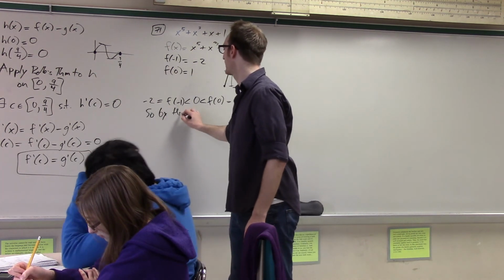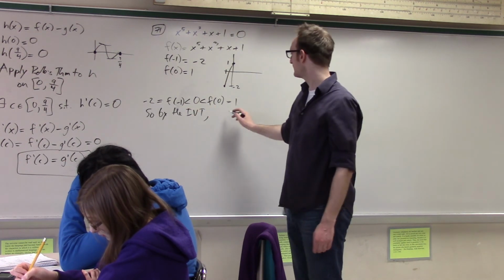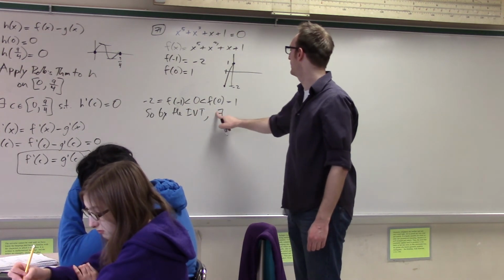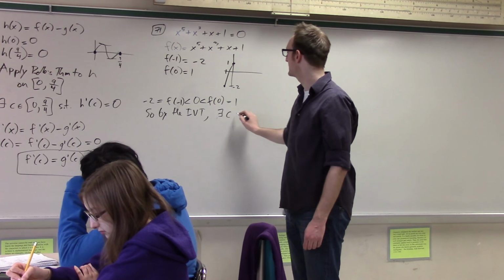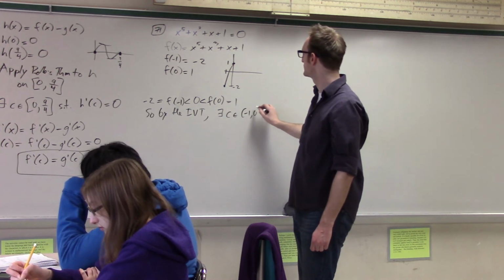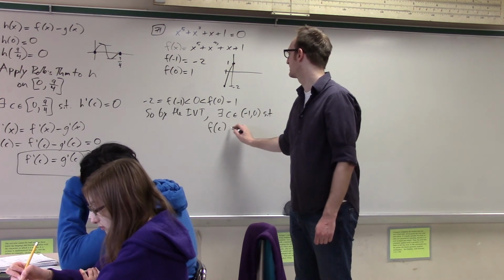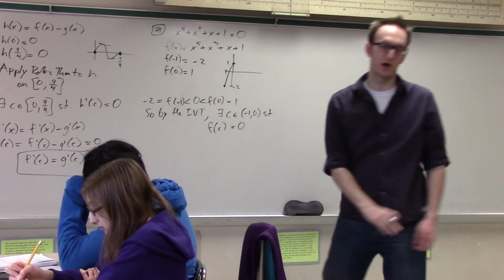So by the intermediate value theorem, there exists a point c on the interval -1, 0, such that f of c is 0. It crosses somewhere.